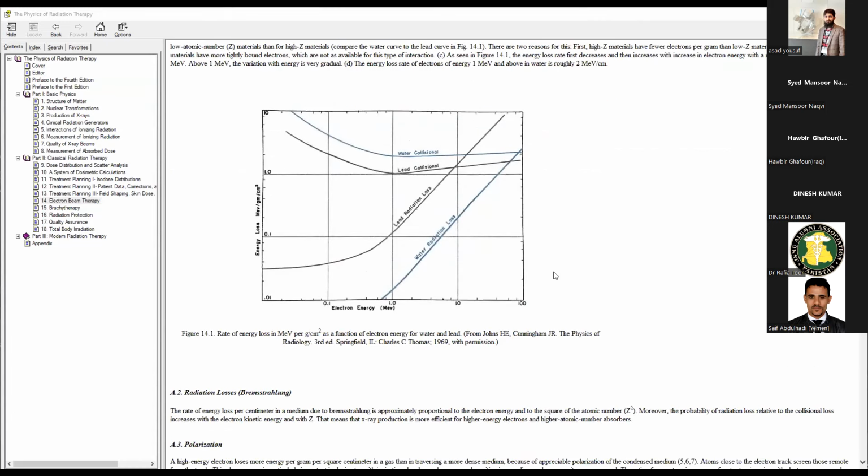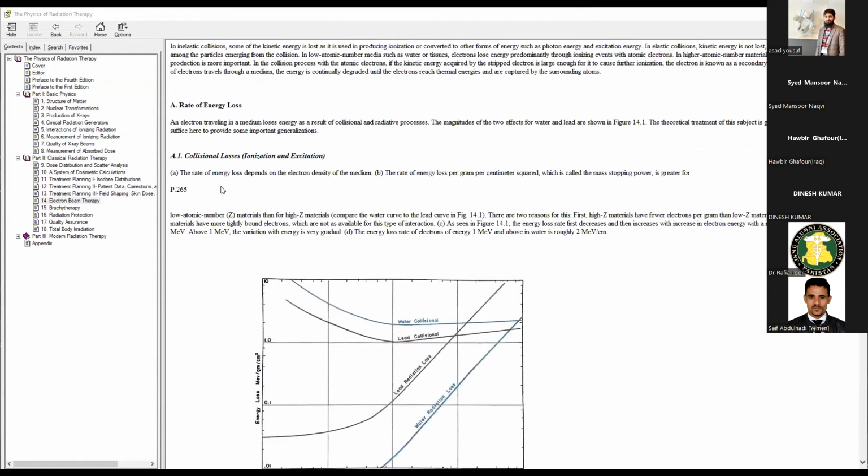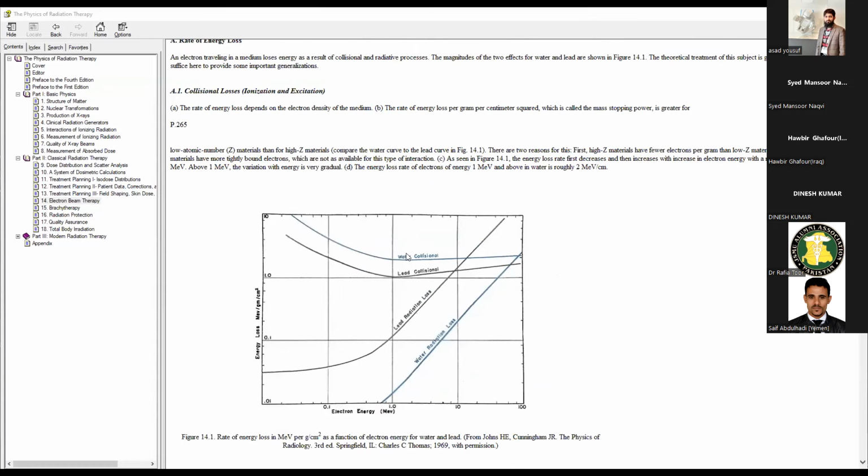The rate of energy loss depends on the electron density of the medium. So we have two materials, water and lead. The rate of energy loss per centimeter squared, which is called mass stopping power, is greater for the low atomic number Z material. So you can see the water is greater as compared to lead.